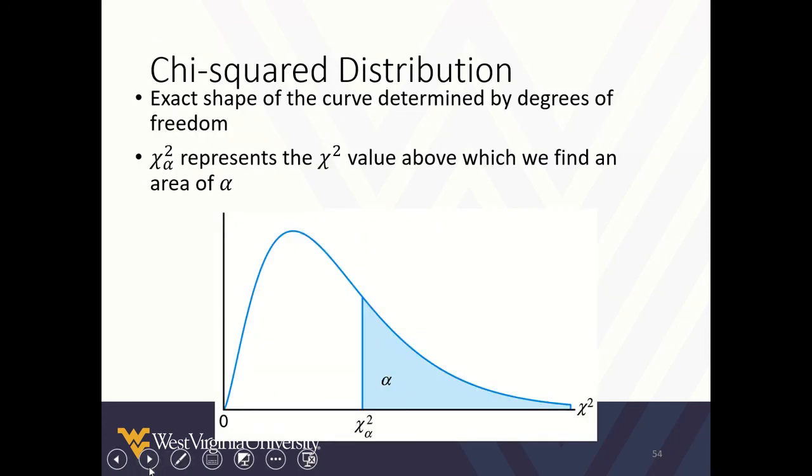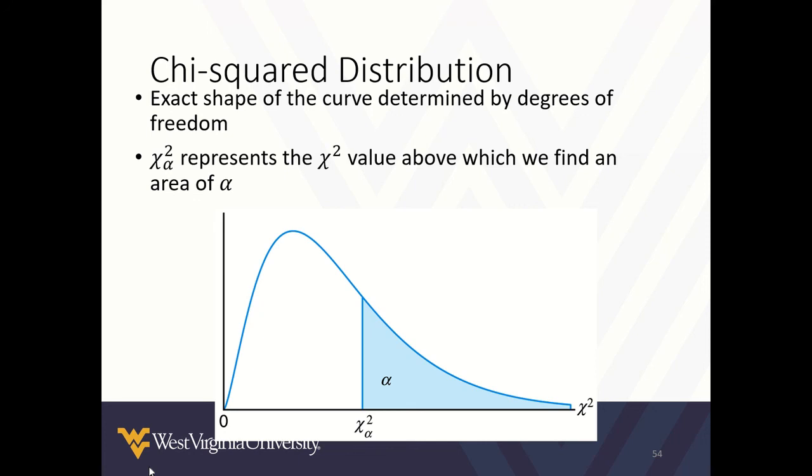The chi-square distribution is not one you're probably familiar with. In this slide, we do have an image of it. Notice it is unimodal, but it is skewed. The exact shape and curve is determined by the degrees of freedom. So the chi-square distribution isn't a single distribution, but a series of distributions determined by its degrees of freedom.